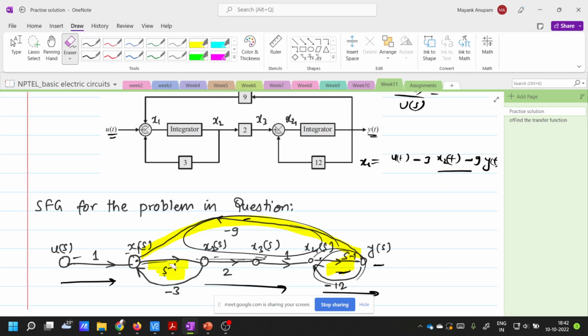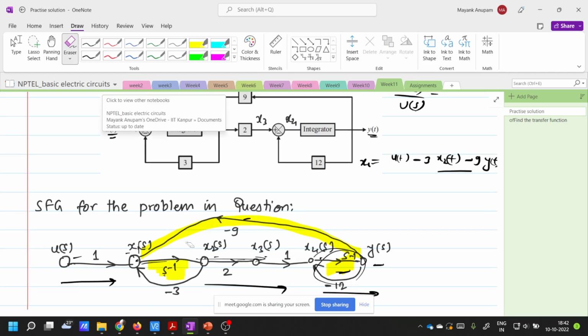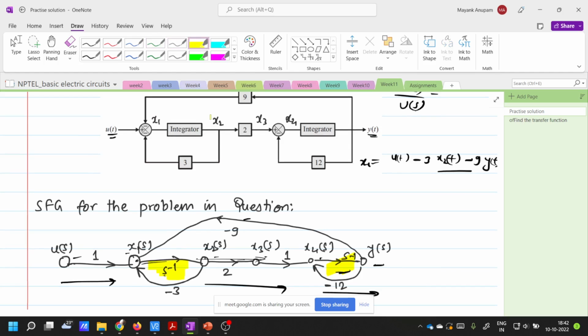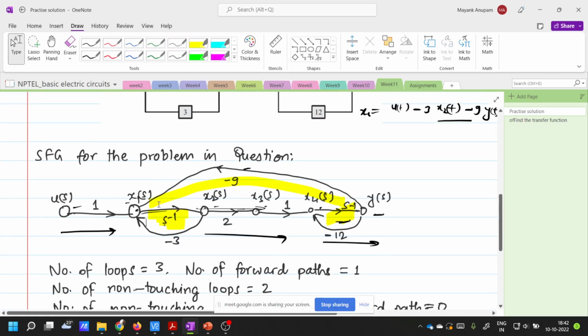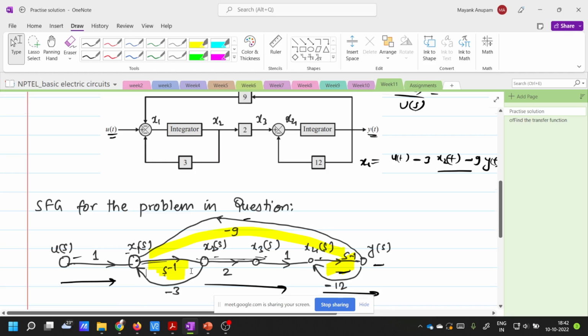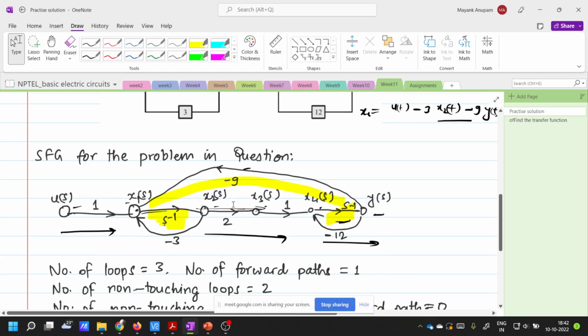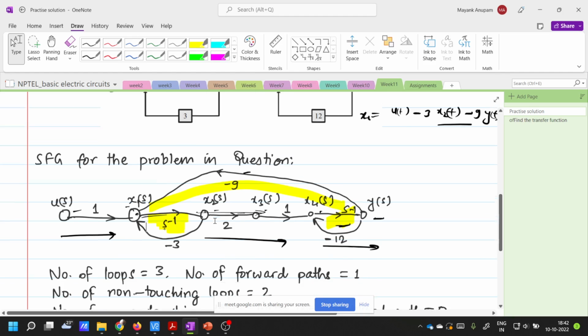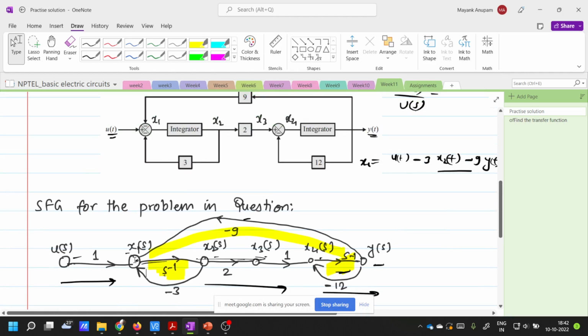This is the integrator here, S inverse. From x1 to x2 you have an integration operation, and integration is represented by S inverse, 1 over s in the Laplace domain. So from x1 to x2 you have multiplication by S inverse.